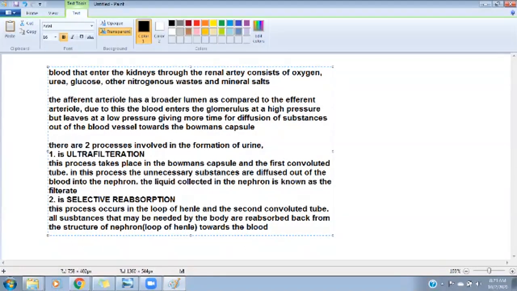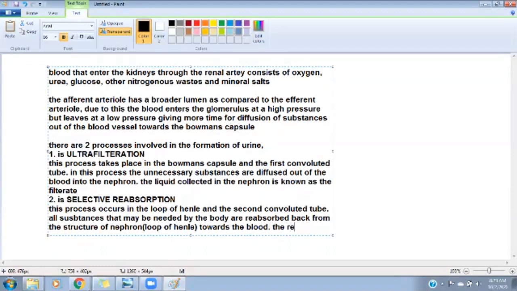Secondly, you need to tell them that all the substances that may be needed by the body are reabsorbed back from the structure of the nephron towards the loop of Henle, that is loop of Henle towards the blood. Okay?